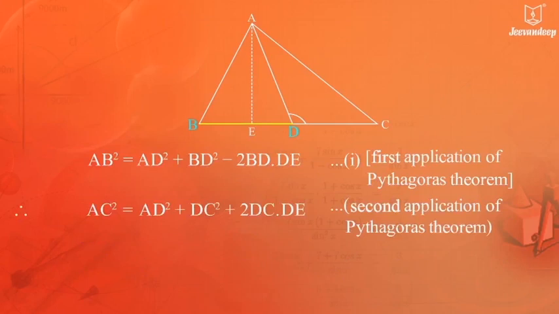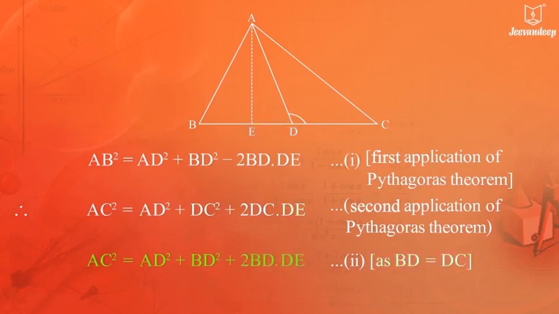Substituting BD for DC as BD equals DC given, we get AD square plus BD square plus 2BD DE. Equation 2.